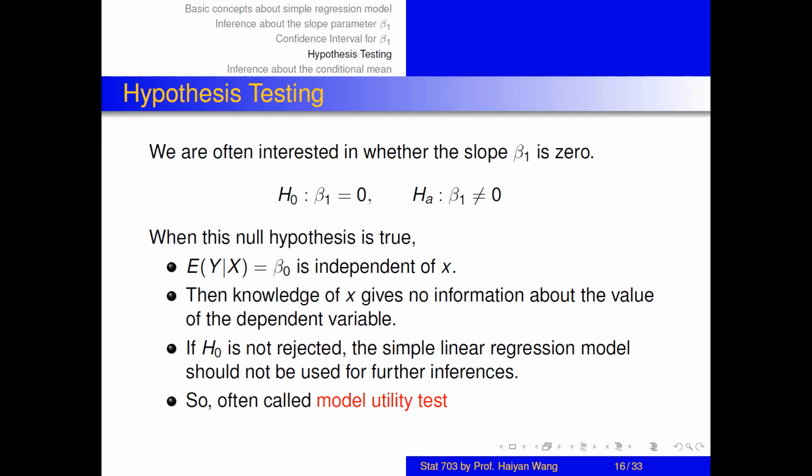In other words, when the null hypothesis is true, we will be able to tell the probability of observing a statistic as extreme as in the data, whether that probability is big or not.